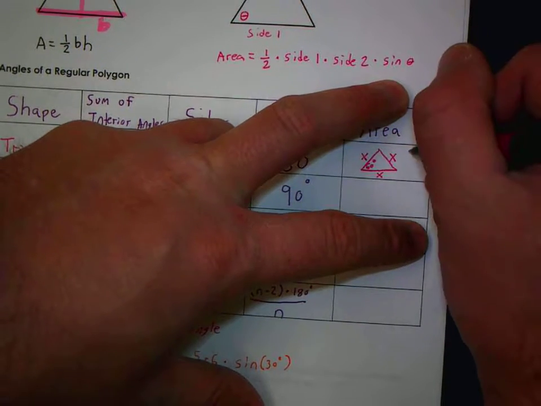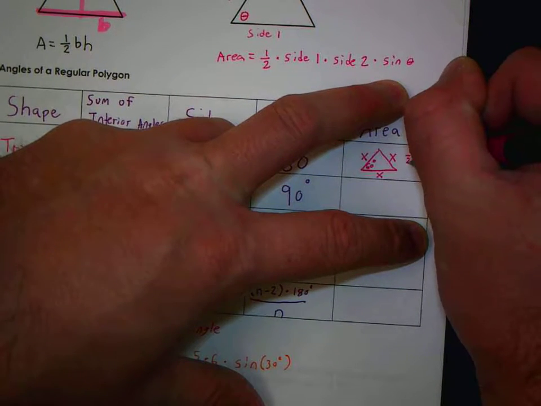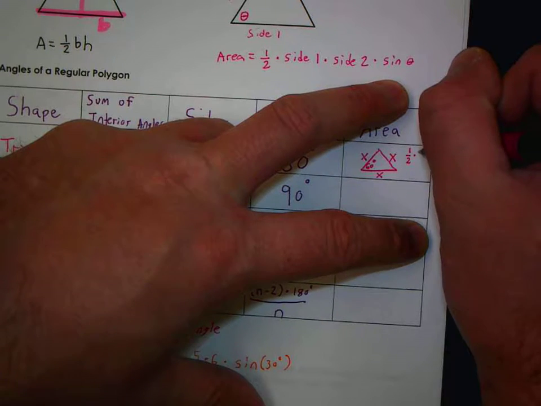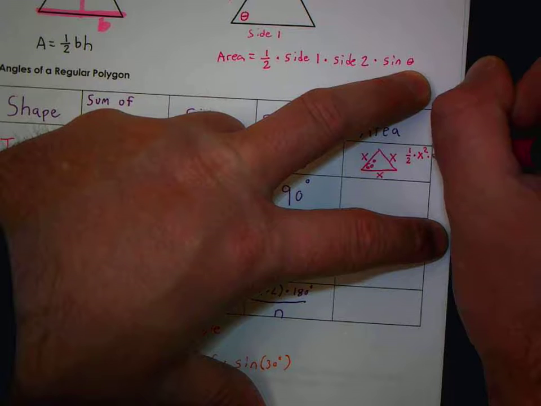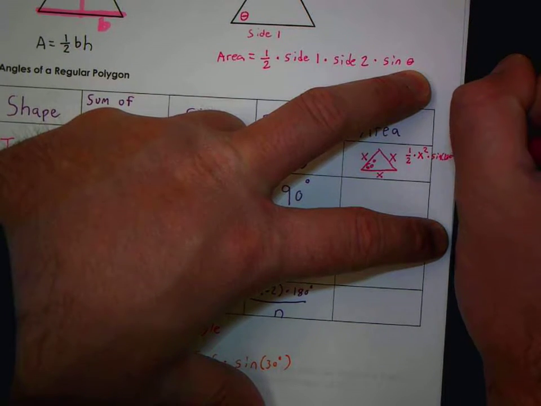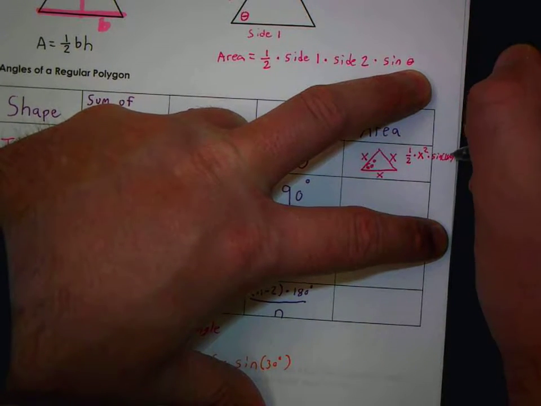So area would be 1/2 times x squared times sine of 60. I'm sorry, not 180, I don't know where I got 180, 60. Can you guys see that? It's really small.